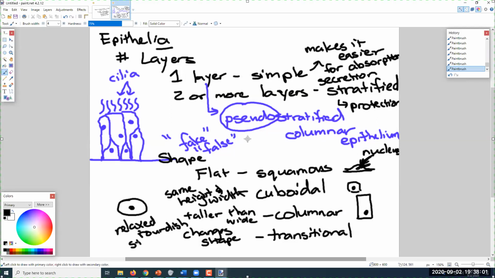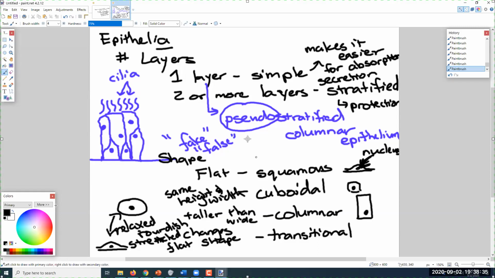If it's stretched, then it's going to be flat. Okay, so it'll look similar to the squamous kind of thing. But they transition between the two if it's relaxed or stretched, basically. All right, so these are how we're going to be categorizing some of the epithelial tissue here.